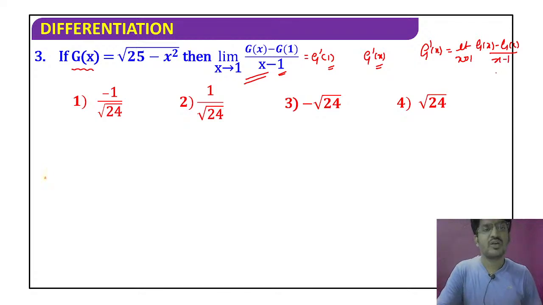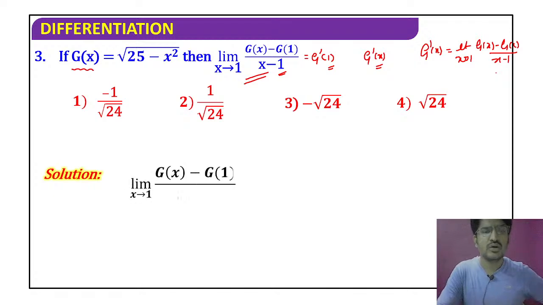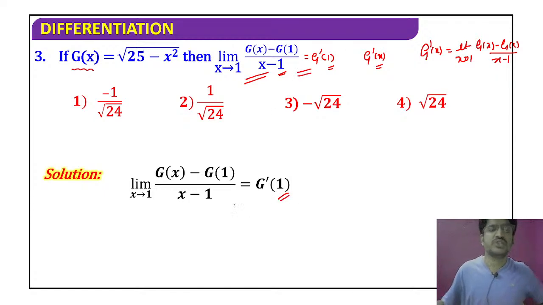So therefore you can just go through the formula which I have explained here, that is g dash of 1 is equal to limit x tending to 1 of g of x minus g of 1 divided by x minus 1.